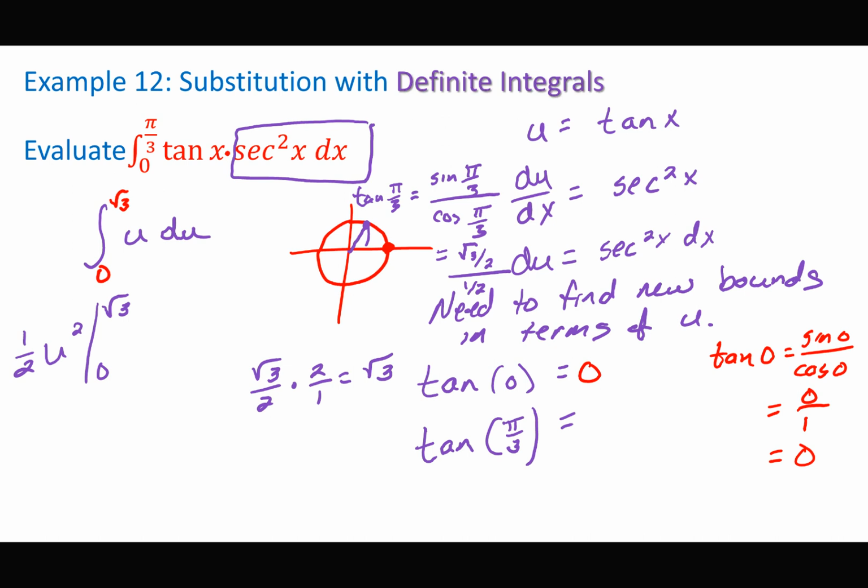Don't replace this u with tangent. We've already accounted for our function tangent to create these new bounds. That's what we were doing down here. So simply leave it as u. And so this becomes 1/2 times root 3 squared minus 1/2 times 0 squared. So final answer, 3/2.